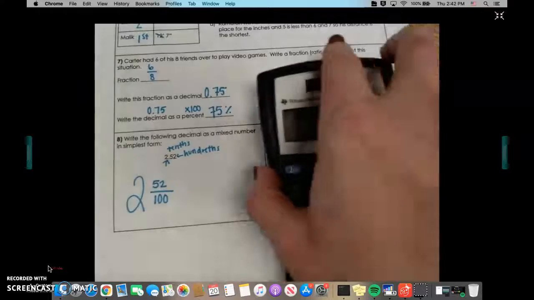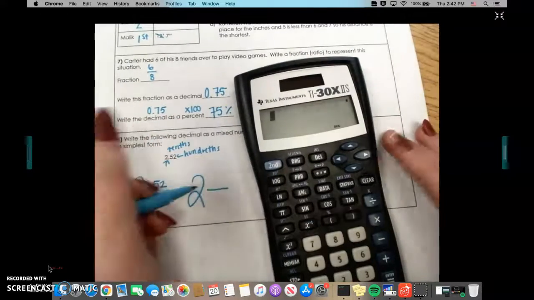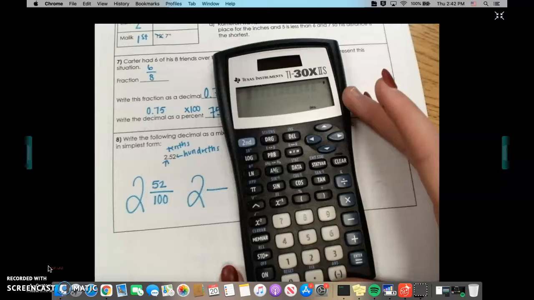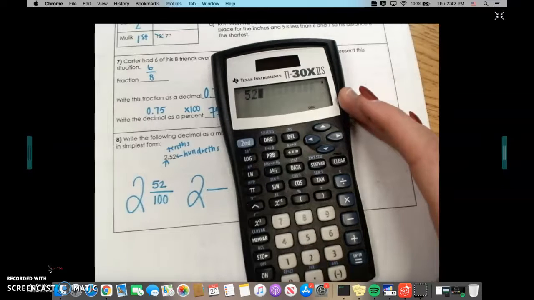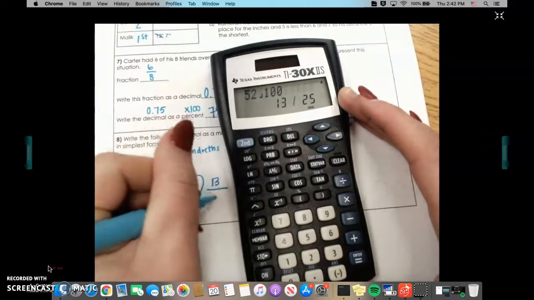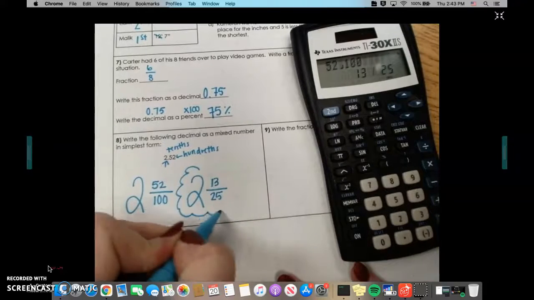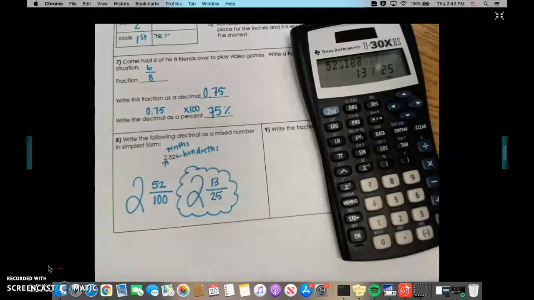We want it in simplest form, so I'm going to rewrite my whole number of 2, and to check to see if it's in simplest form, I'm going to take 52 over 100 and use that ABC button that we've showed you in class. It does simplify down to 13 over 25. I'm going to make sure that answer is circled so I know which one to put in Canvas.